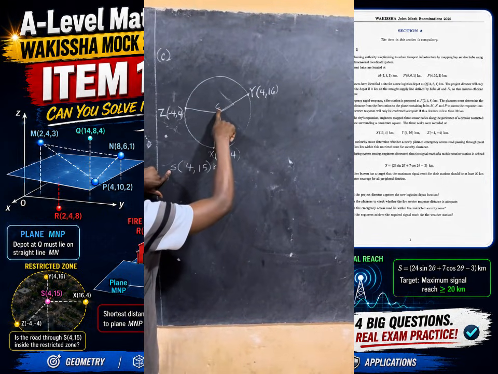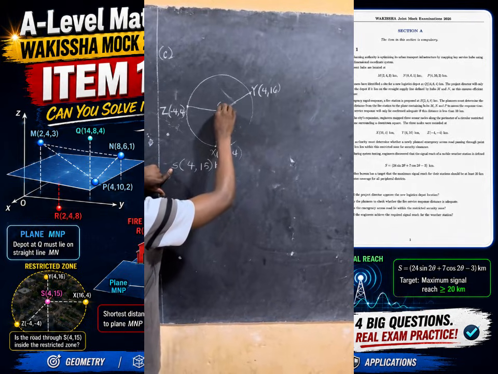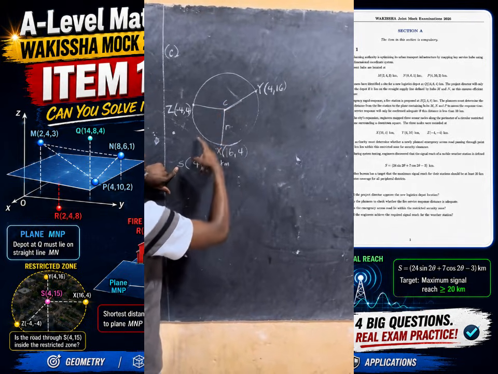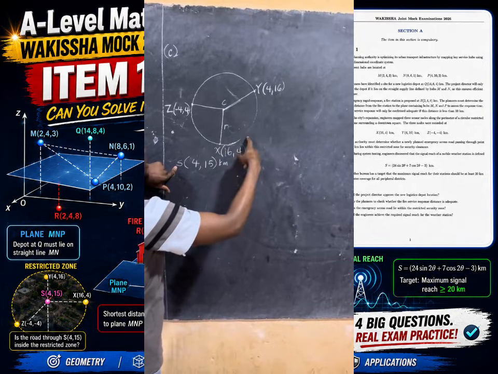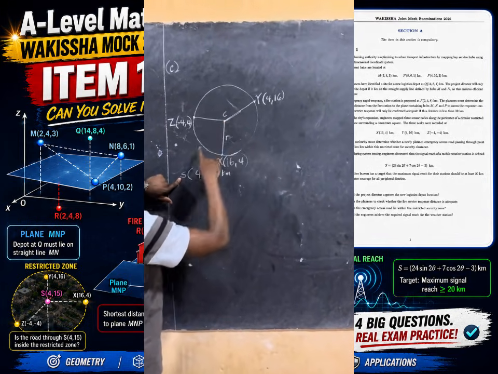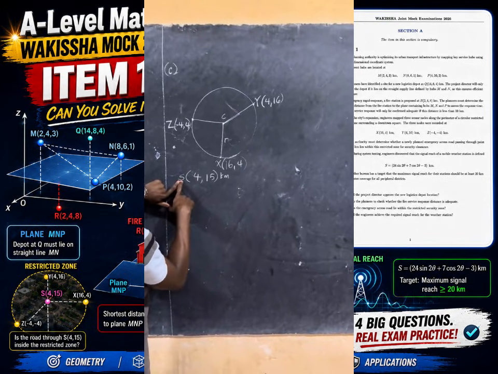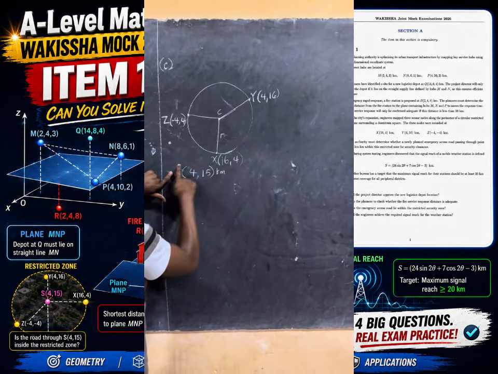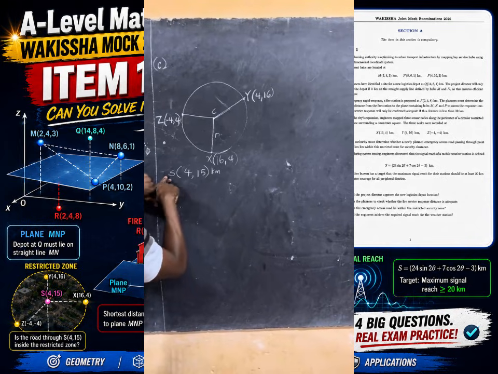to also the center. If the distance from the center to the circumference is less than the distance from the center to this road, it means that this road is outside of the clearance zone.